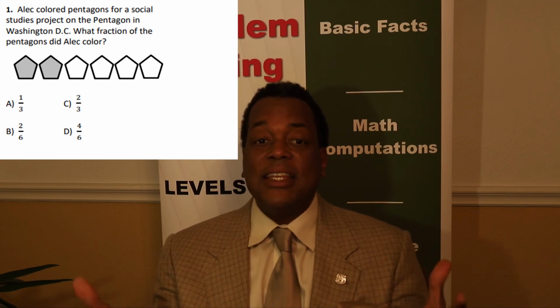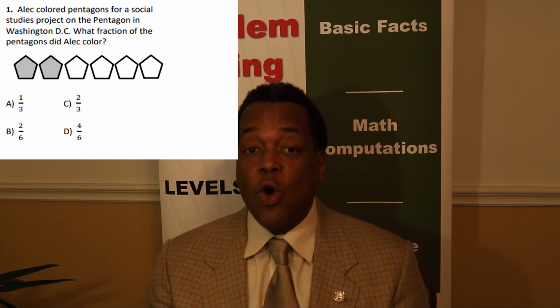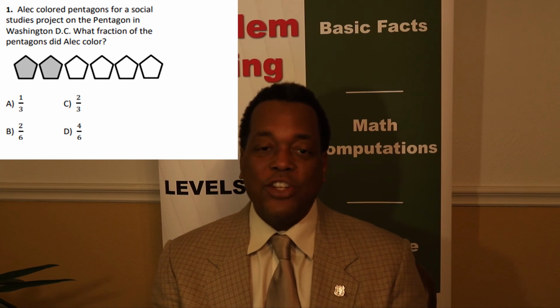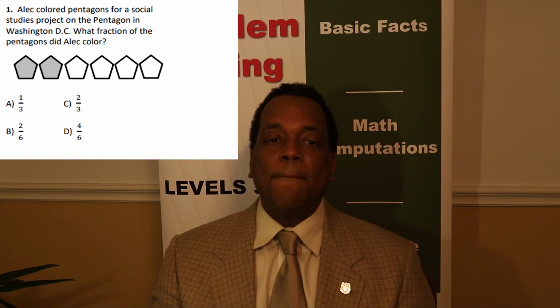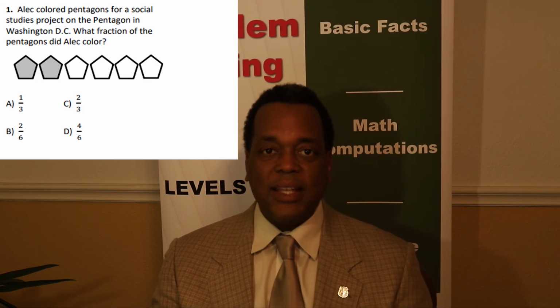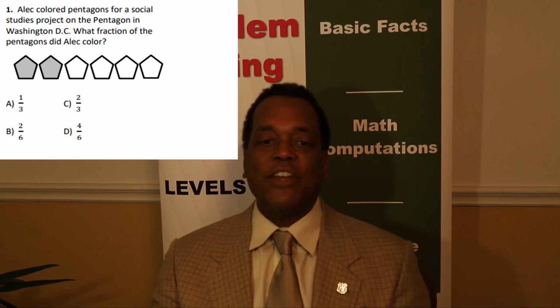Now, this is a problem where you have to recognize what fraction is represented. We just showed you with the circles. This time we are using pentagons, and you're going to be able to represent and understand how to represent that fraction with your answer choice.